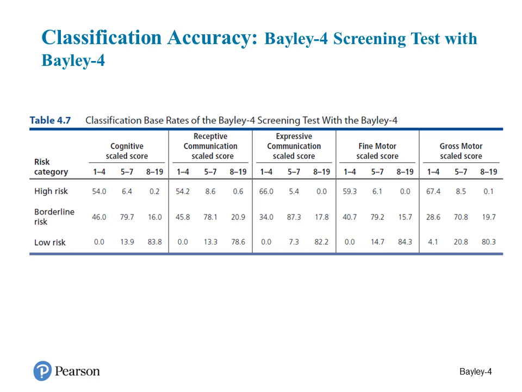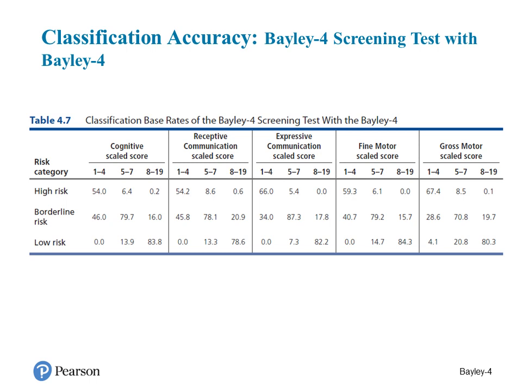And what we would like to see is that there is some relationship. What we'd like to see is that the high-risk classification on the Bayley-4 screening test actually predicted effectively a classification of developmental delay based on performance on the Bayley.